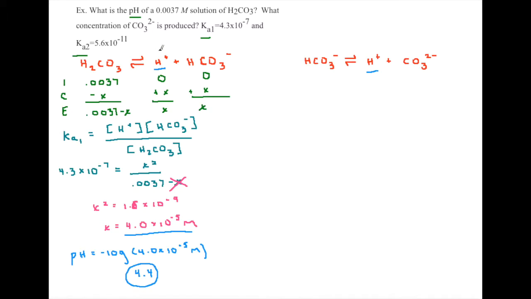So now what I need to calculate is my concentration of carbonate, CO3 2-. I'm now going to use this second reaction. I need to use an ICE chart again to calculate my equilibrium concentration of CO3 2-. I know the initial concentration of HCO3- is simply 4.0 times 10 to the negative 5th because that's my X. So is the concentration of hydrogen ions.